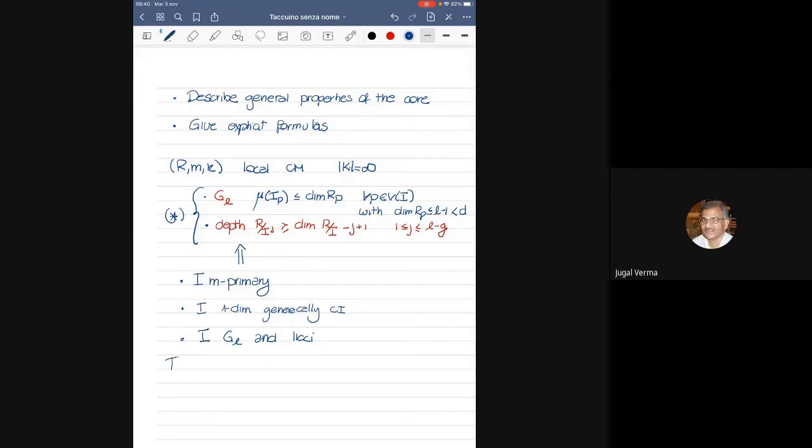This is the first theorem that I want to state today, which is joint work with Corso and Ulrich, and says that if I satisfies star, which is what we assume, then the core of I is a finite intersection of general minimal reductions.